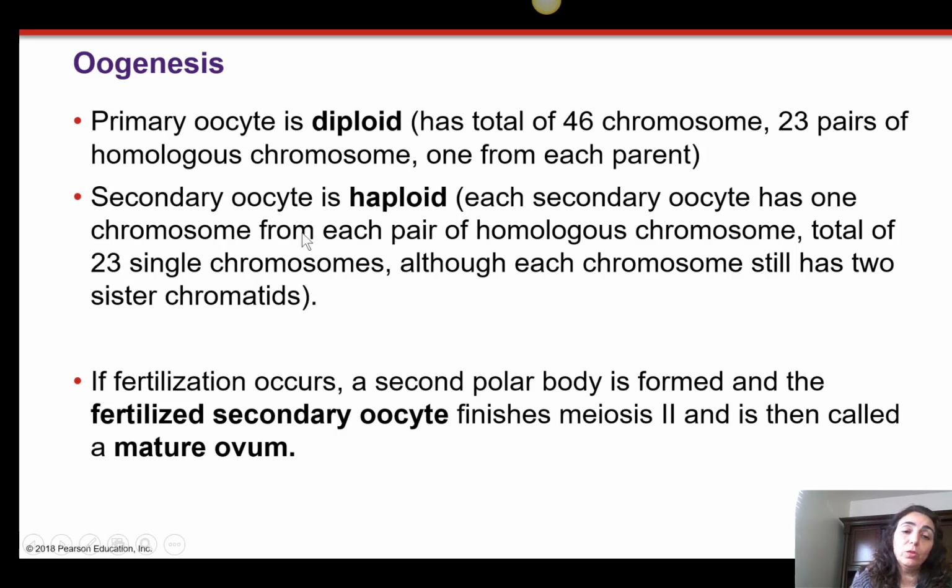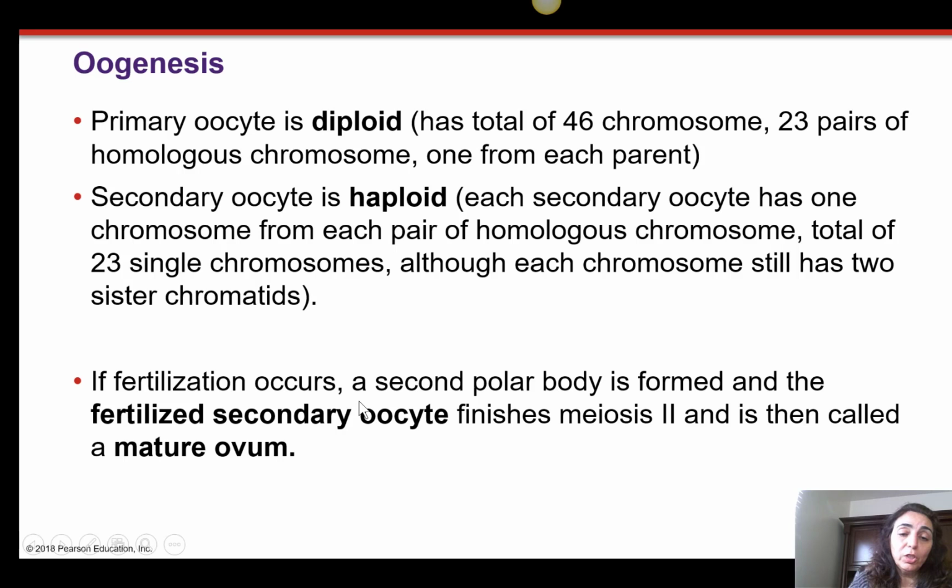Each secondary oocyte has one chromosome from each pair of homologous chromosomes, a total of 23 single chromosomes, although each chromosome still has 2 sister chromatids. Then, in the second meiosis, those sister chromatids get separated. If fertilization occurs, a second polar body is formed, and the fertilized secondary oocyte finishes meiosis 2 and is then called a mature ovum.